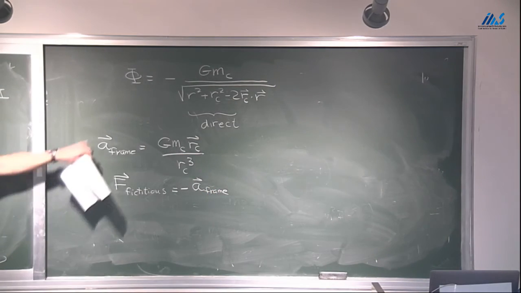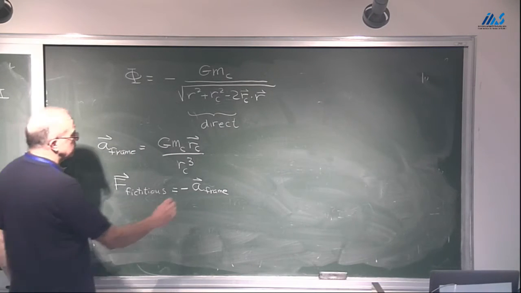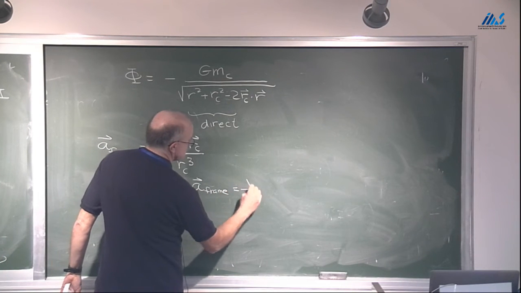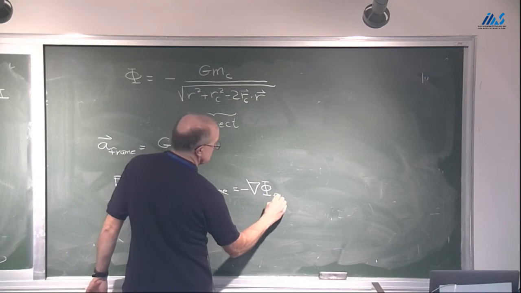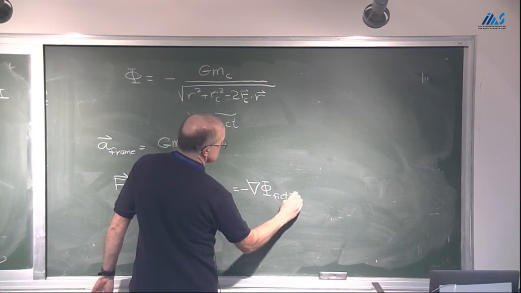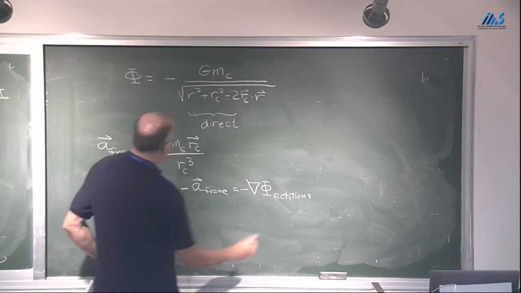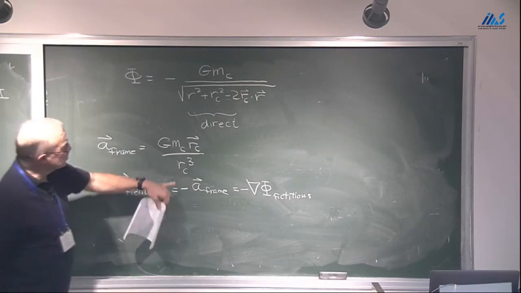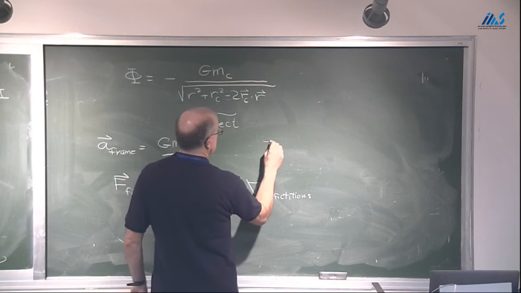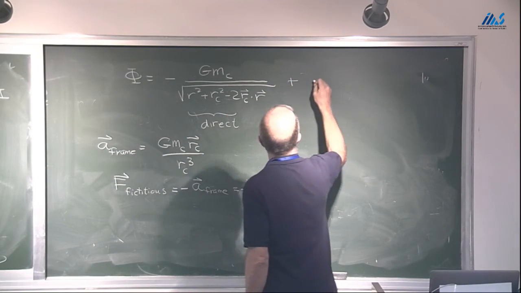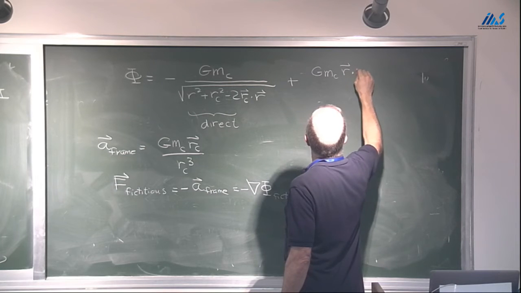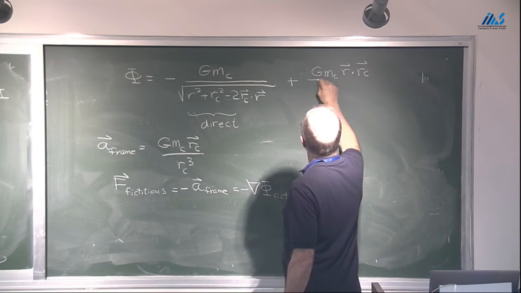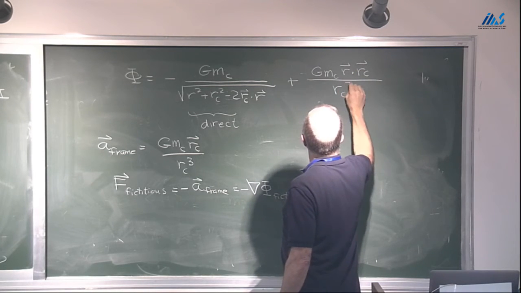And if we want to express this as a potential, this has to be minus the gradient of some potential, which is fictitious. And if you look at this expression and this expression, it's clear that the extra potential has to be plus G times the mass of the companion, r dotted into r of the companion, over the radius of the companion cubed.